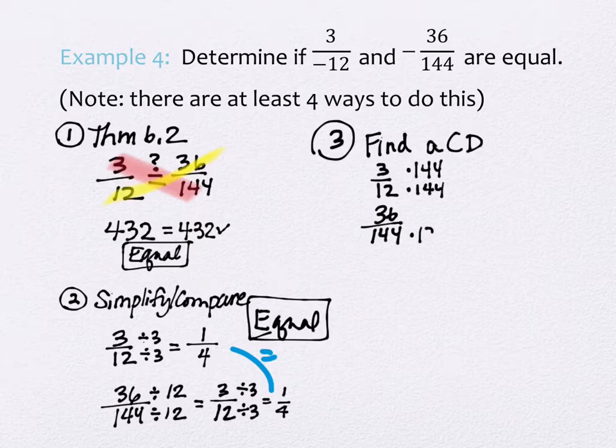And I would multiply this one by 12 and its numerator. So you're just multiplying by the opposite denominator, whatever it is. That creates large numbers. It's kind of a drawback. If you are utilizing a calculator, it's not a very big drawback. 3 times 144, we did that before and found 432. What is 12 times 144?